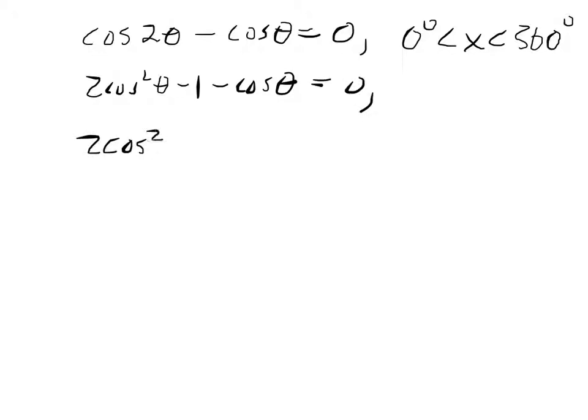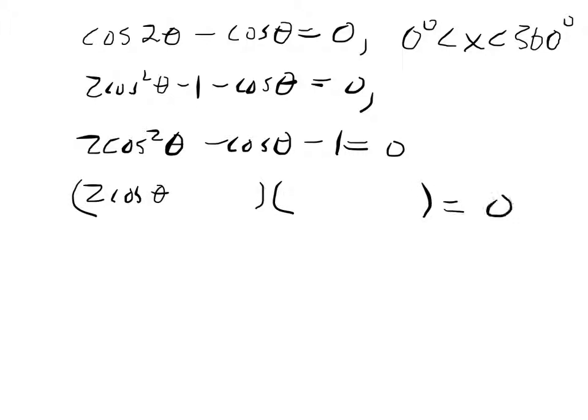Rearrange: 2 cosine squared theta minus cosine theta minus 1 equals 0. Factor 2 cosine theta, cosine theta. I know I've only got a 1 and a 1. I want a negative, so I'm going to go a negative here, a positive here.